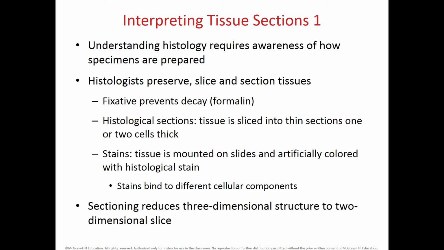Once you obtain this section, you have to preserve the tissue with fixative agents like formaldehyde, and then you stain these tissues with different dyes according to whatever tissue you have in your specimen, and then you put it on top of a glass slide with a cover slip, and then you can look at it under the microscope.